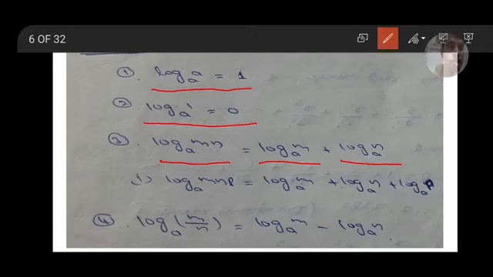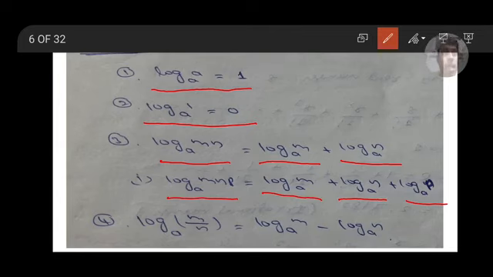If the product contains three terms, log m into n into p to the base a, then it can be written as the sum of three logarithms, log m to the base a plus log n to the base a plus log p to the base a. If the product contains four terms, it is the sum of four individual logarithms. If it contains two, it is a sum of two logarithms. If it contains three terms, it is a sum of three logarithms.